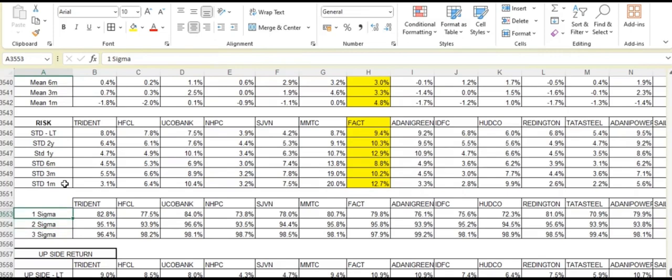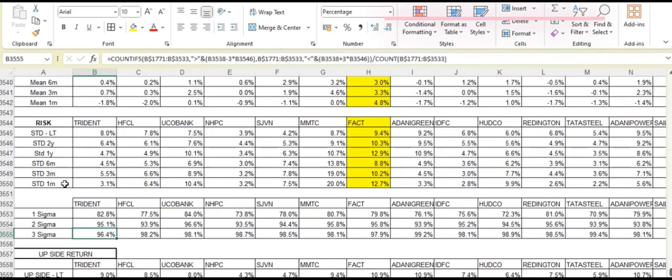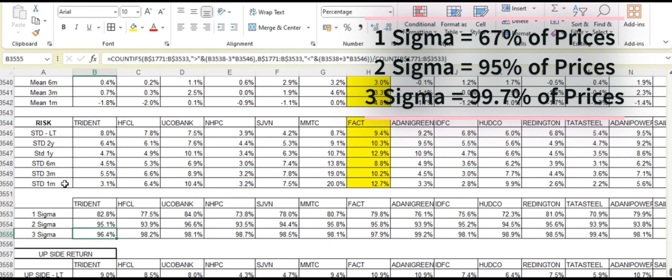Remember from the normal distribution discussion we had a little while back, within 1 standard deviation from the mean, we should ideally get about 67% of all the values in that distribution. Now, assuming that prices of the Trident stock are normally distributed, we should see a number close to 67% for 1 sigma, 95% for 2 sigma, and about 99.7% for 3 sigma.